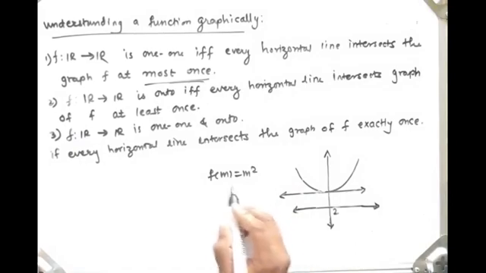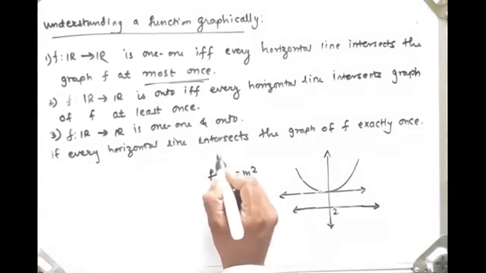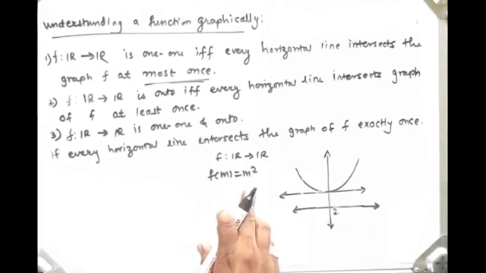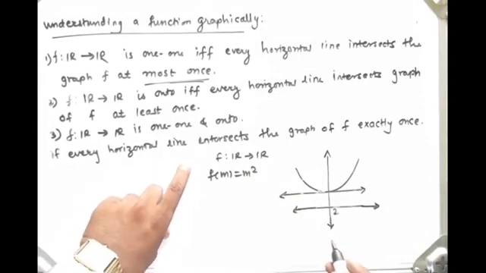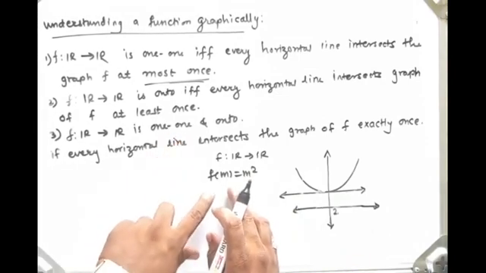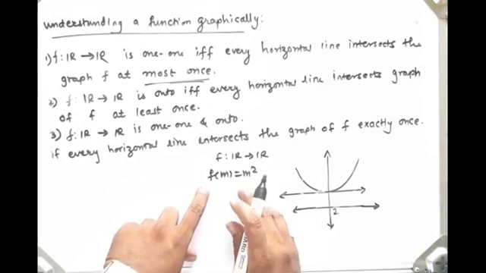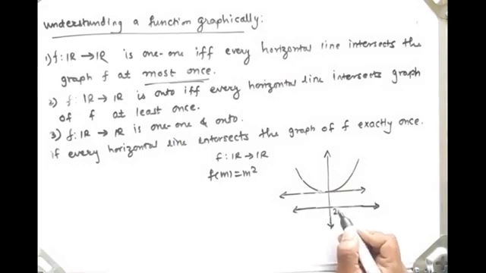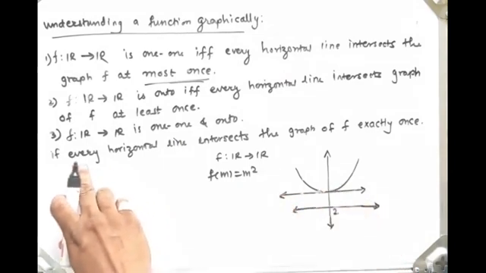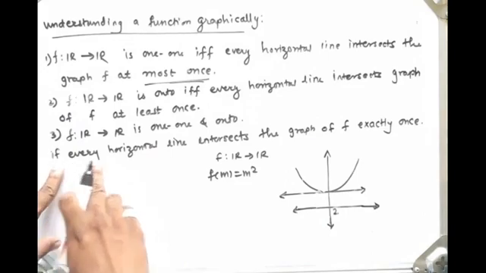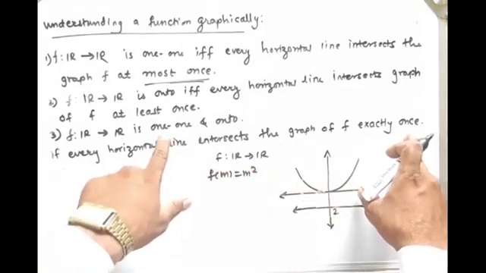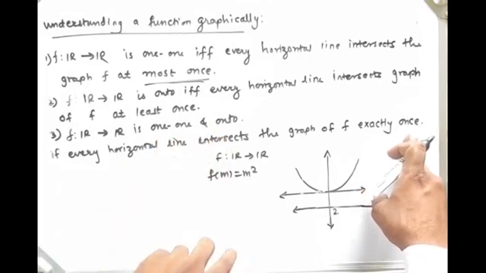Now if I take the example f of m is equal to m square, f from R to R, then this function is not one-one and onto, because if I draw the line here, it does not intersect the graph. If every horizontal line intersects the graph of f exactly once, then it is one-one and onto, which means bijection.